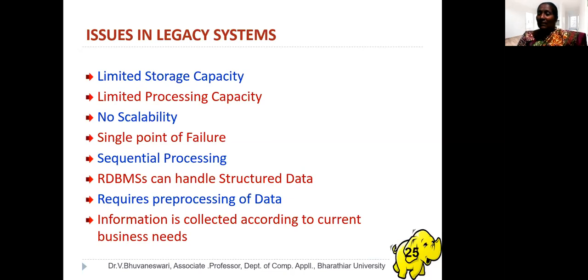Processing and storing this unstructured data, which is called external data sources, into your business frameworks is not very easy. It is very, very difficult. So these points are the limitations of your existing legacy systems, which make it difficult to accommodate processing the huge volume of data that is being generated, which is called big data.